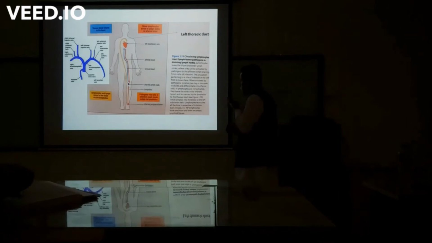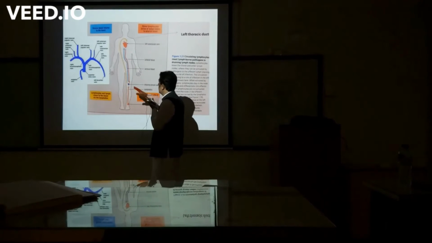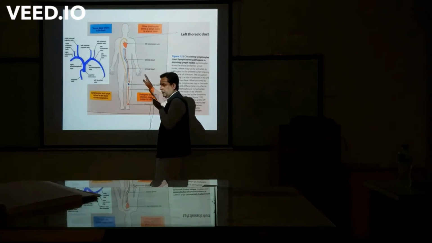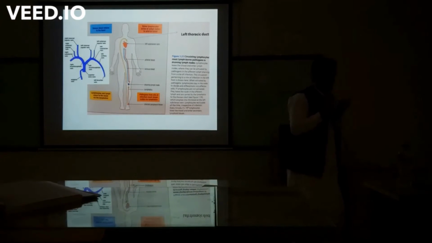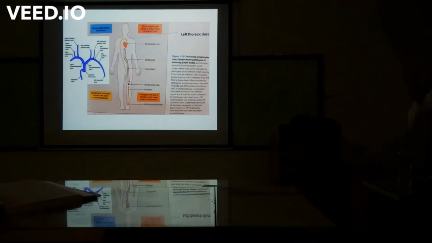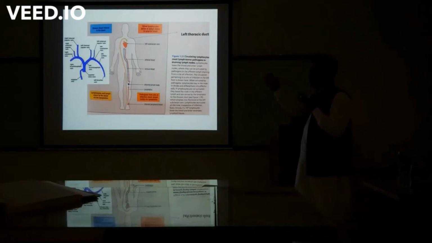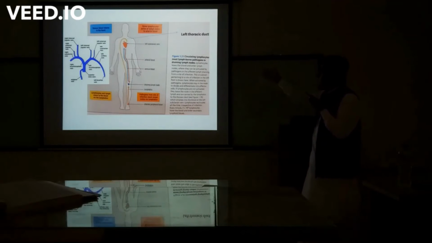Now, this circulation is different from the circulation of the blood, because the circulation of the blood is powered by your heart. Your heart is beating with the help of the muscles that are again powered by electrical impulses generated in your body.